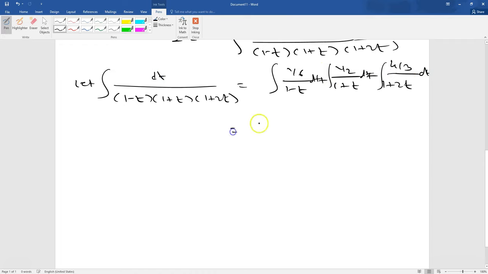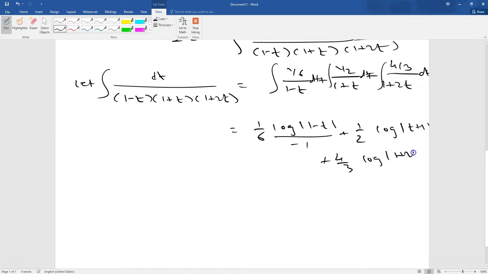So 1/6 times the integral gives log of 1 minus t, and we divide by its derivative, that is minus 1, correct, plus 1/2 log of t plus 1 plus 4/3 log of 1 plus 2t upon 2, plus c, right?